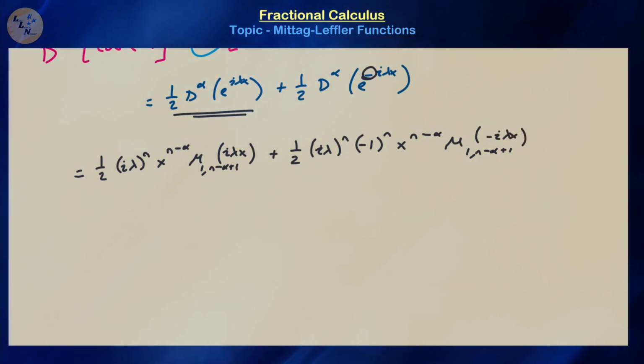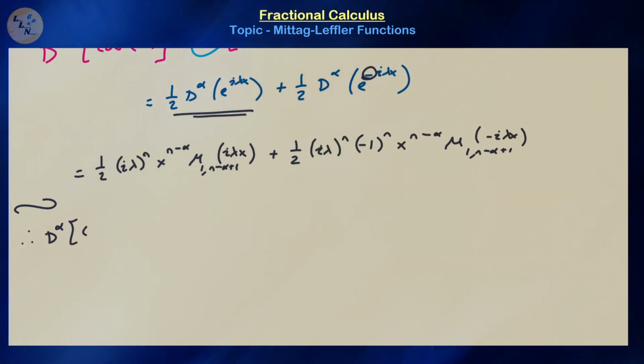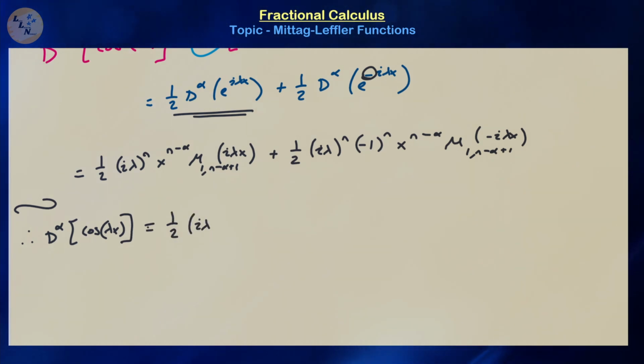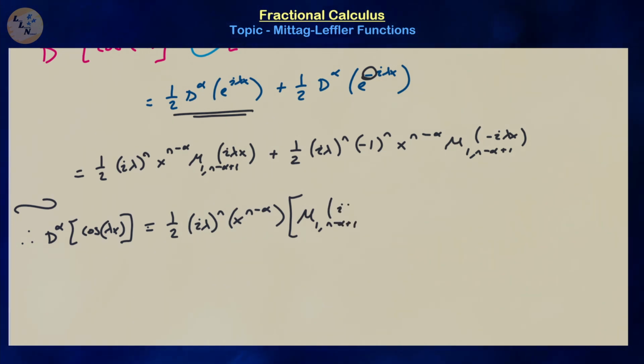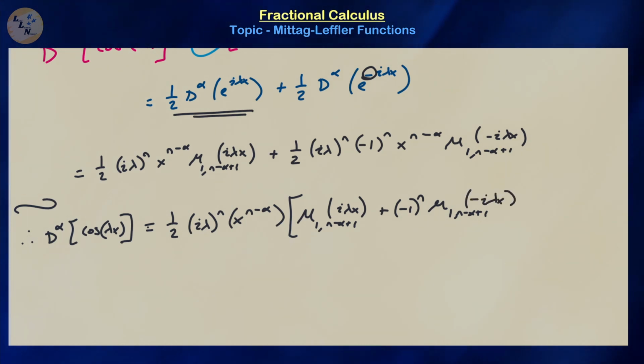We have a lot of common terms here, so we can factor them out. So the alpha derivative of cosine lambda x can be represented as 1/2 times i lambda to the m, x to the m minus alpha, so that's the common term, times Mittag-Leffler 1, m minus alpha plus 1 of i lambda x, and then plus negative 1 to the power of m, Mittag-Leffler 1, m minus alpha plus 1, and then we're going to be left with minus i lambda x.